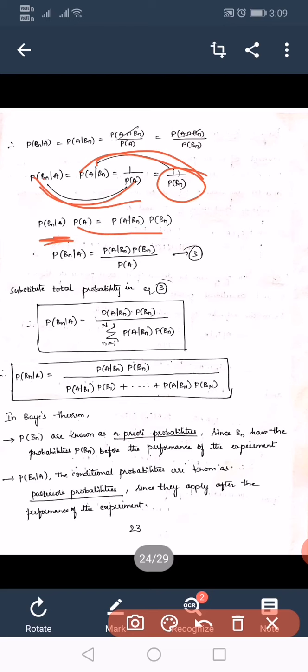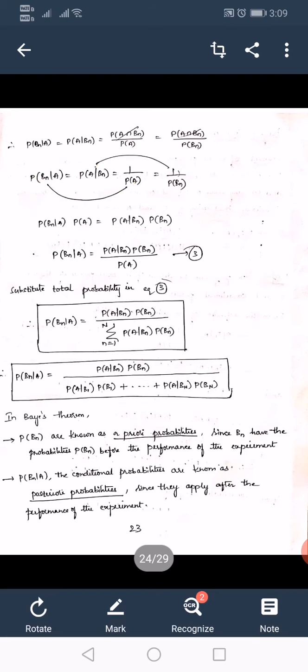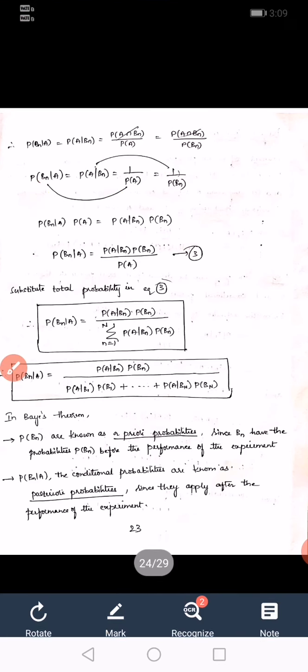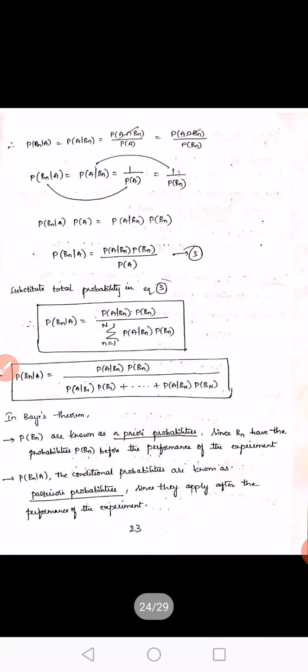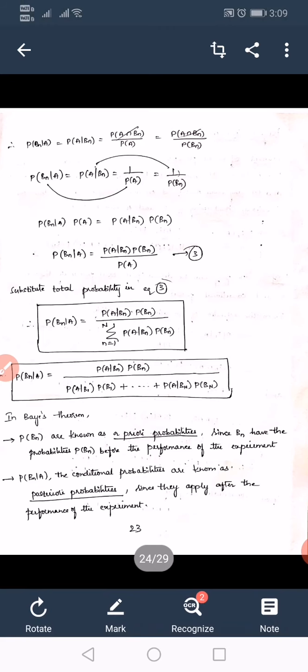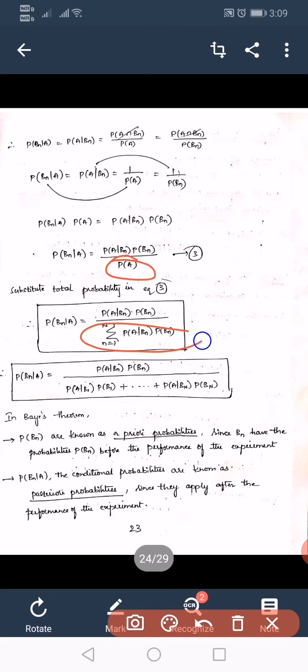So from this, substitute this one in the total probability expression. So conditional probability P of Bn given A equal to P of A given Bn into P of Bn by summation. P of A is total probability, substitute total probability here. This is the total probability expression.